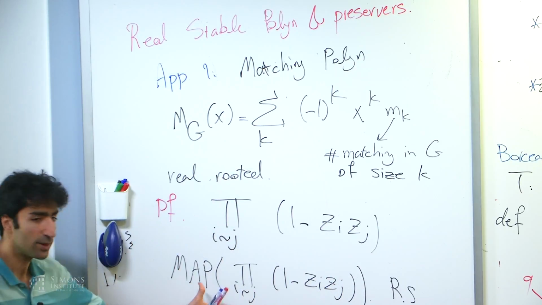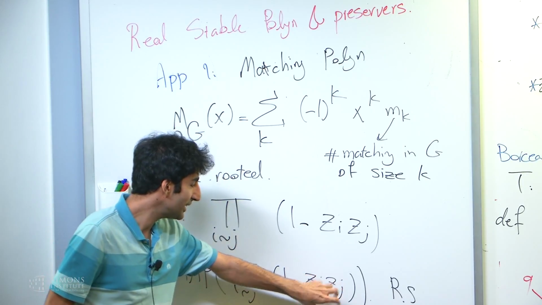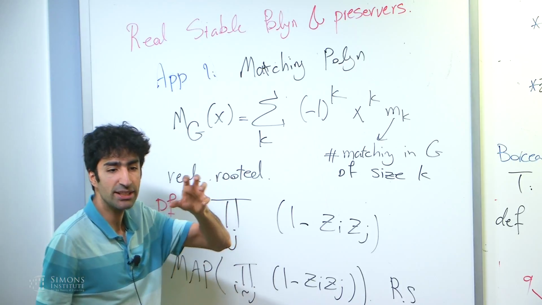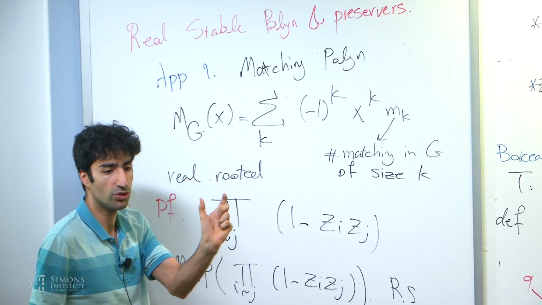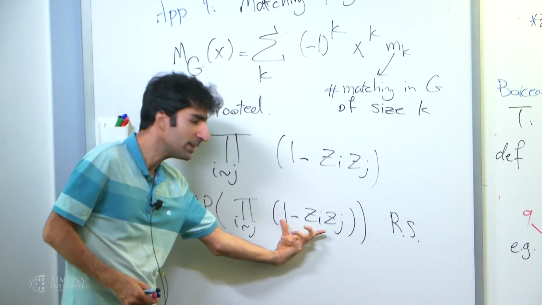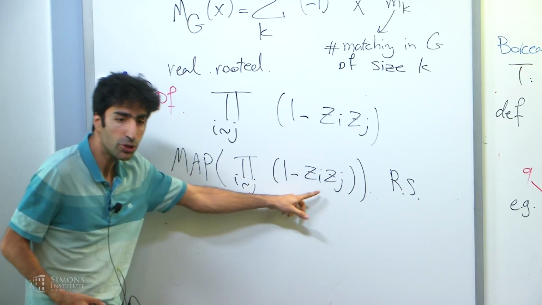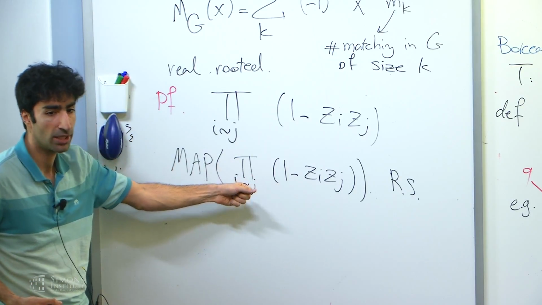Now let's think about what is the MAP of this polynomial. Think of z_i z_j as a generating polynomial of the edge connecting i to j. When you open this up, from every term in the product, you either choose the 1 or you choose the generating polynomial of the edge.